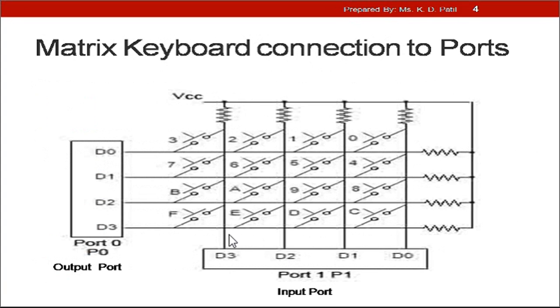If you observe this figure and the value for columns D3 to D0 is 1101, it indicates that a key from column D1 has been pressed, but the microcontroller doesn't know exactly which one of the 4 keys has been pressed, as there are 4 rows connected to this D1 column.